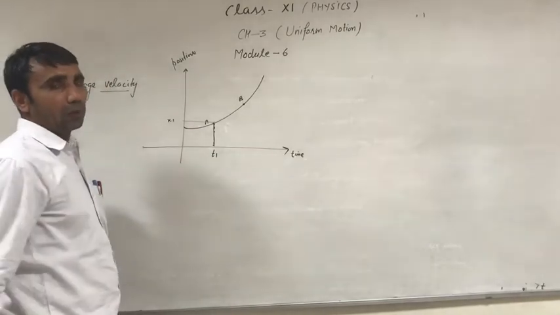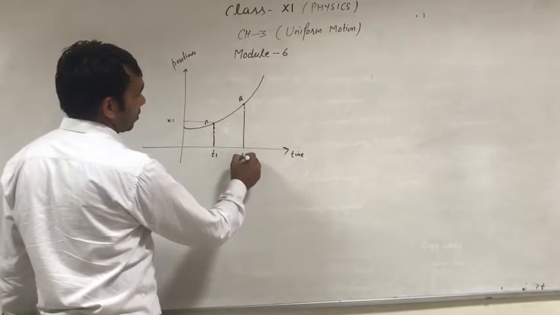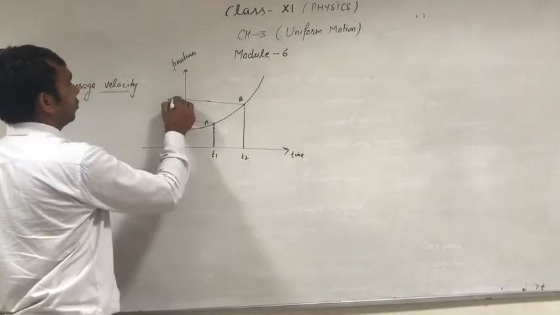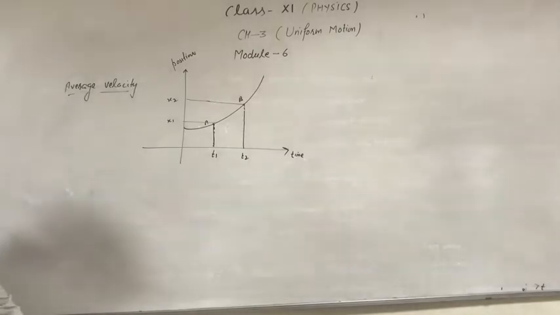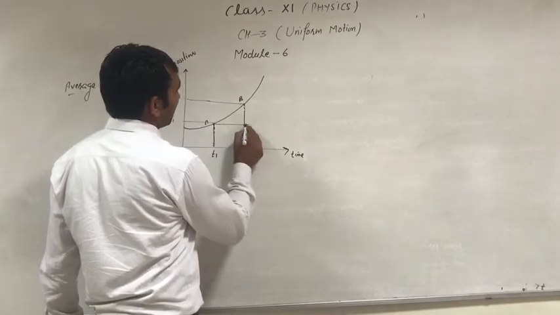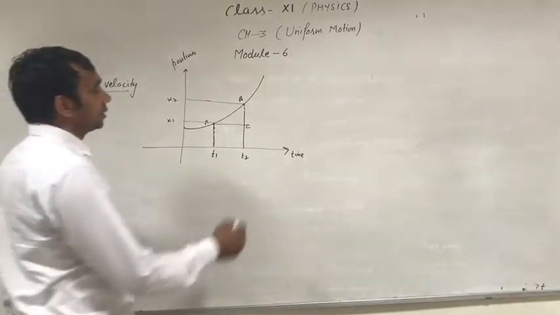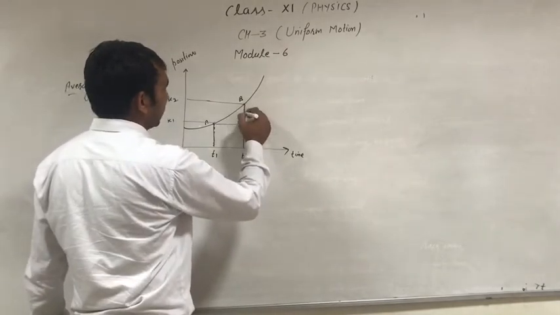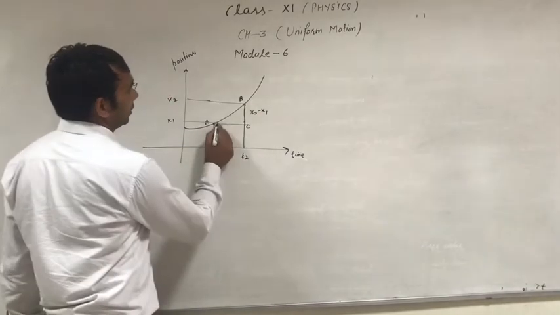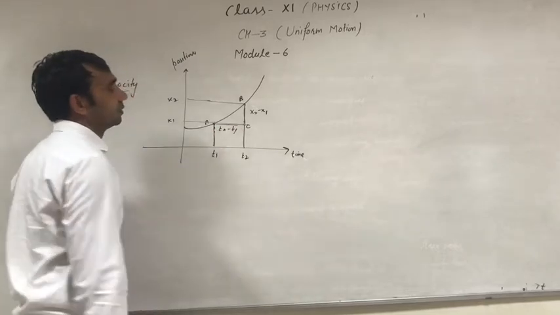Similarly, draw the perpendicular from point B: t2 and this is x2. If you extrapolate, this point is point C. This is x2 minus x1 and this is t2 minus t1.